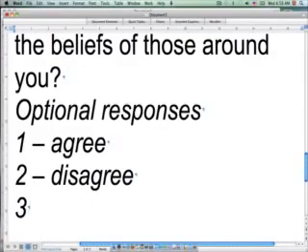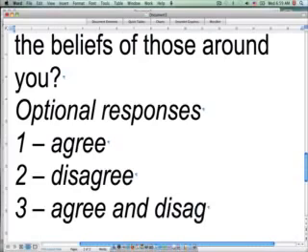The third optional response is to agree and disagree with this question. So maybe we would say, in some cases, conforming to the ideas of others is a good thing, but in other cases, conforming to the ideas of others is a bad thing. So kind of an agree and a disagree.